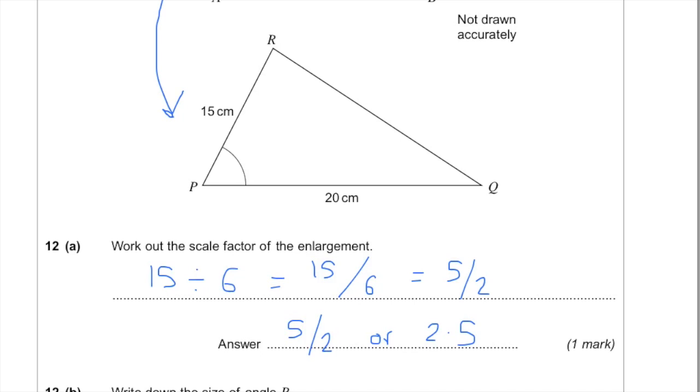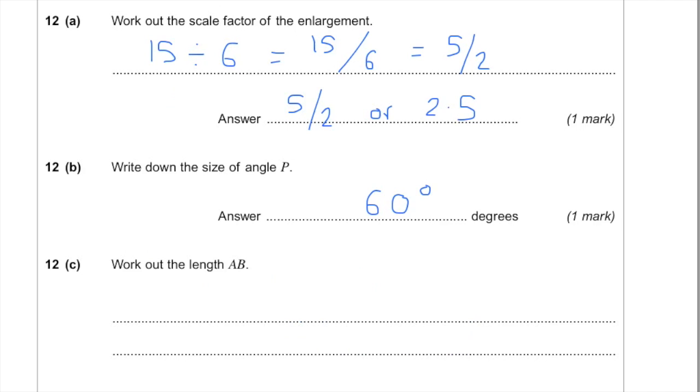12, part B, write down the size of angle P. In an enlargement, the angles remain the same as the shapes are similar, which means that angle P is also equal to 60 degrees. Part C, work out the length of AB.